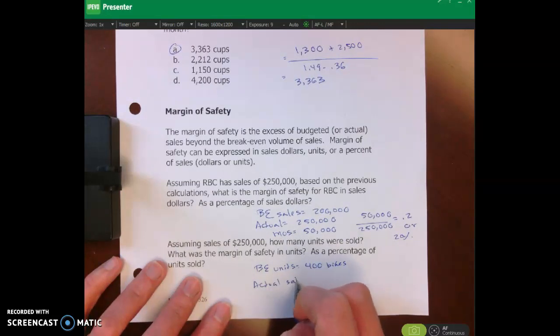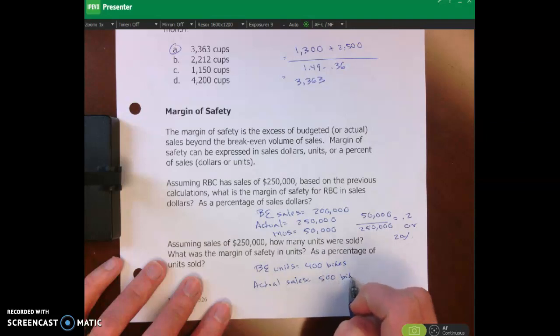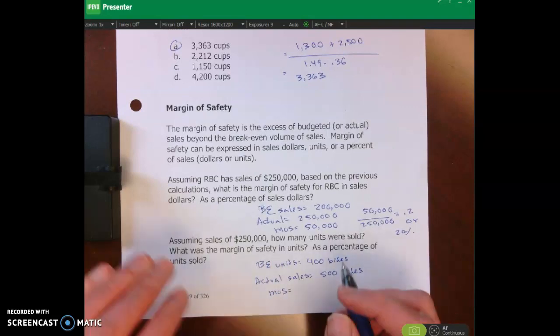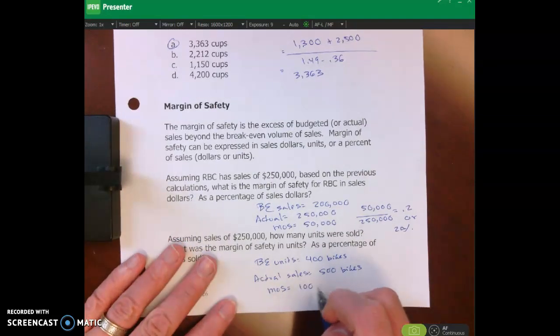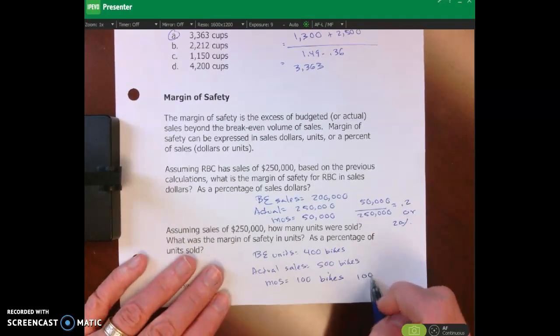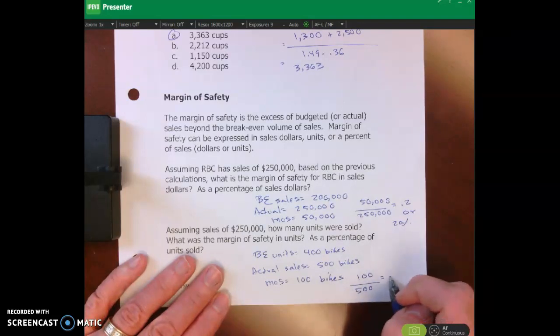Actual sales, 500 bikes. That means our margin of safety is our 100 bikes. And then as a percentage, we can take our 100 divided by our 500, which is what we're actually selling, again gives us 0.2 or 20%.